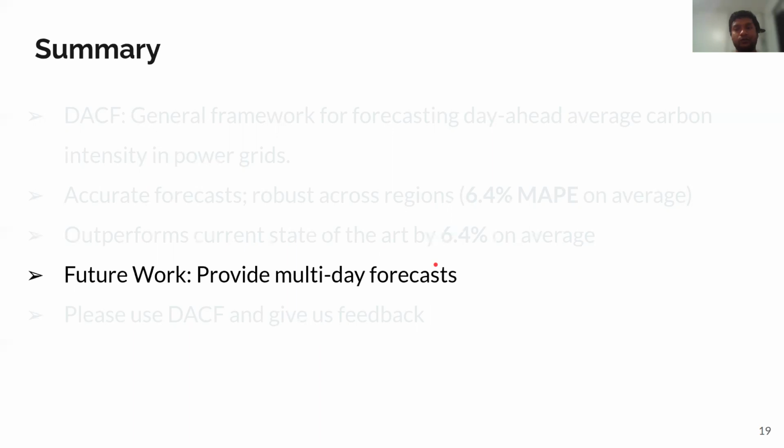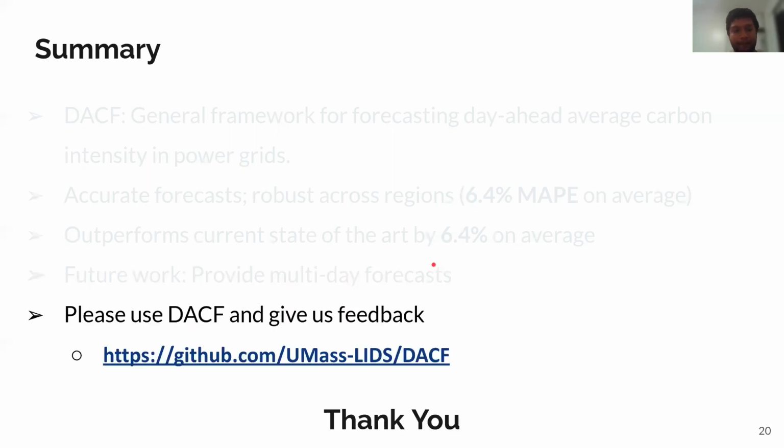As future work, we want to go beyond the prediction period of 24 hours and provide multi-day forecasts so that even more carbon optimization solutions can incorporate DACF into them. And finally, we have open sourced DACF, and it is easily accessible and publicly available in the following GitHub repository.